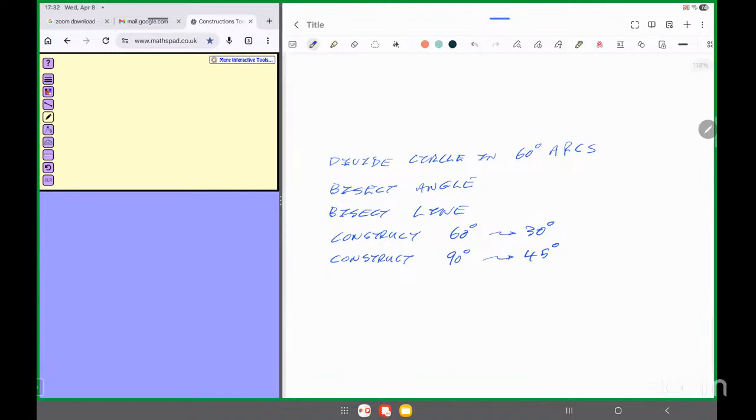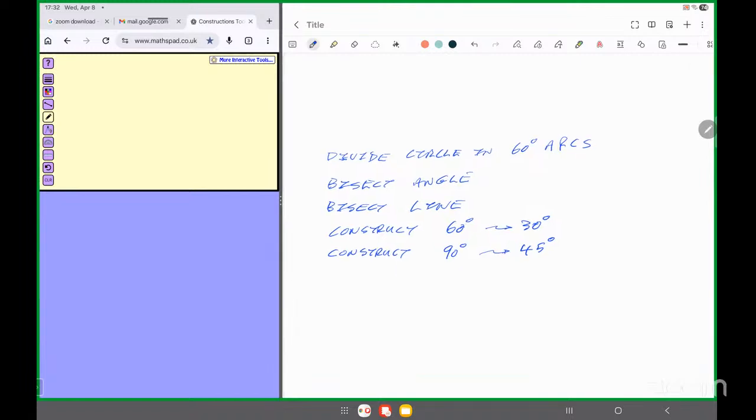We have to be able to construct a perpendicular from a point to a line, and we have to be able to construct a parallel through a point to a line.